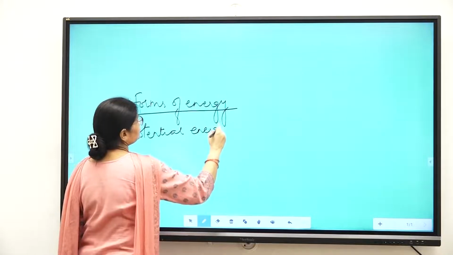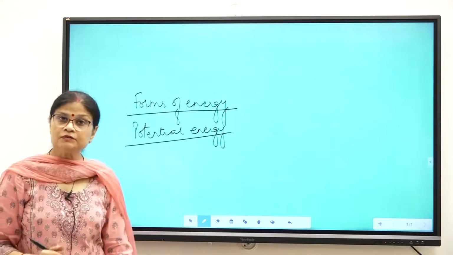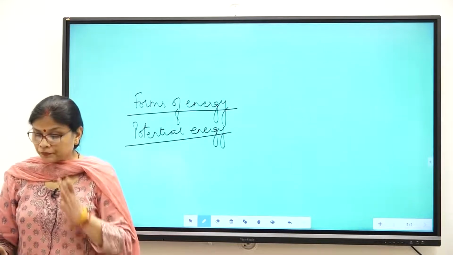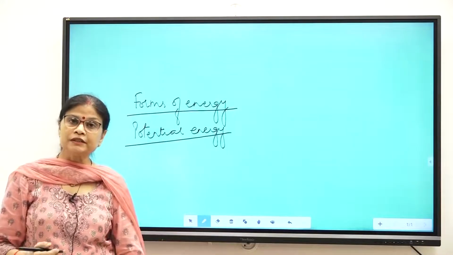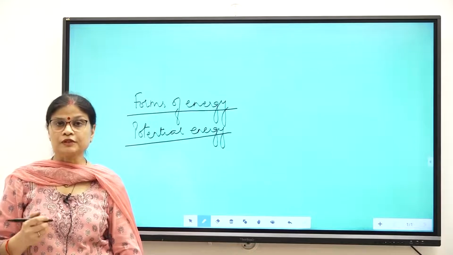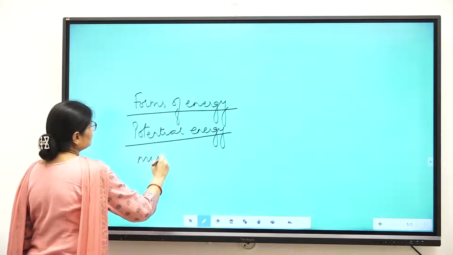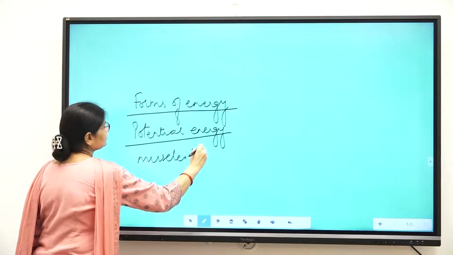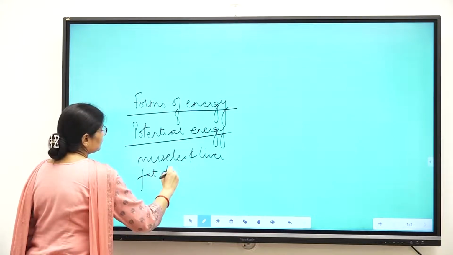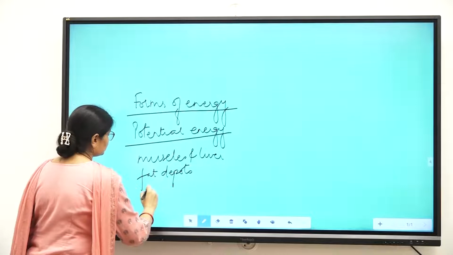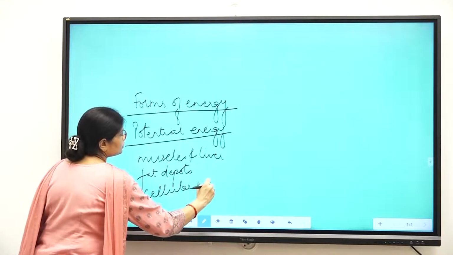Potential energy is the stored form of energy in our body which is continuously available to the body to do work. This energy is released from the small amounts of glycogen present in the muscles and liver, from the fat depots and cellular muscles, or we can call it cellular masses.